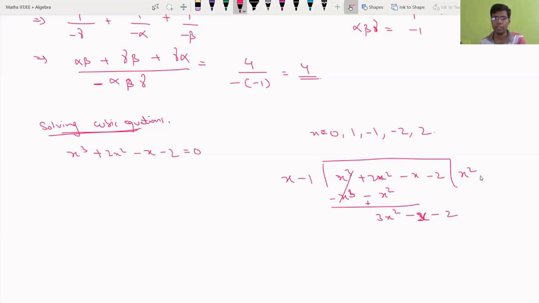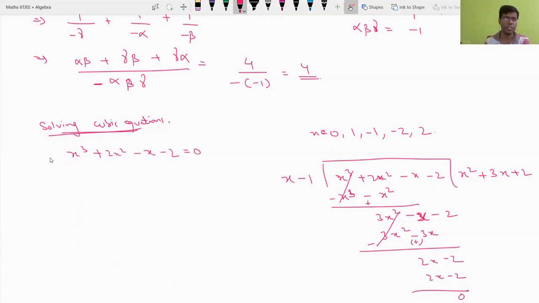Then I have 3x here, so 3x square minus 3x. Again subtract, this will get cancelled, and I'll have 2x minus 2. Here I will have plus 2, so I have 2x minus 2, and my remainder will be 0. So this cubic equation I can write as x minus 1 multiplied with x square plus 3x plus 2 is equal to 0.